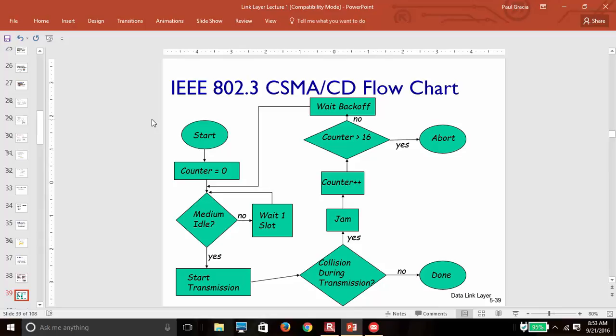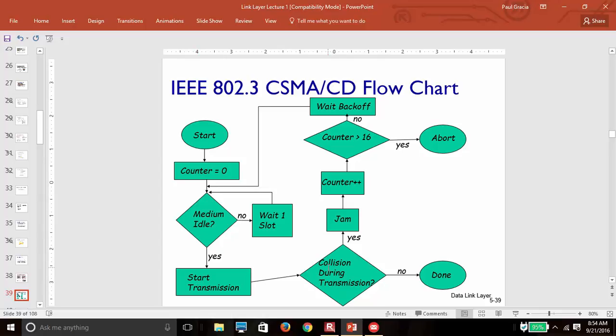So here is basically how this works. We start off, we set our counter to 0, and we go to a decision. Is the medium idle? No, we wait 1 time slot, and we check again. Once the medium is idle, we send our transmission.